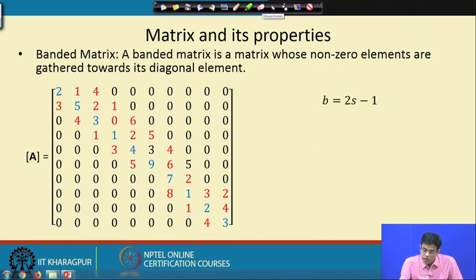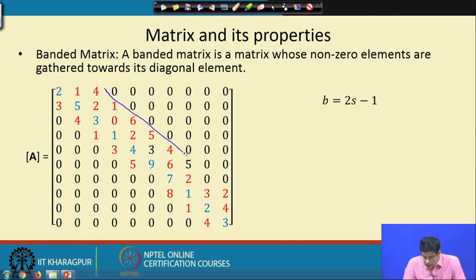For instance, a banded matrix means that all non-zero elements of the matrix are gathered towards its main diagonal. For instance, look at this matrix A, where all the non-zero elements are located near the diagonal.